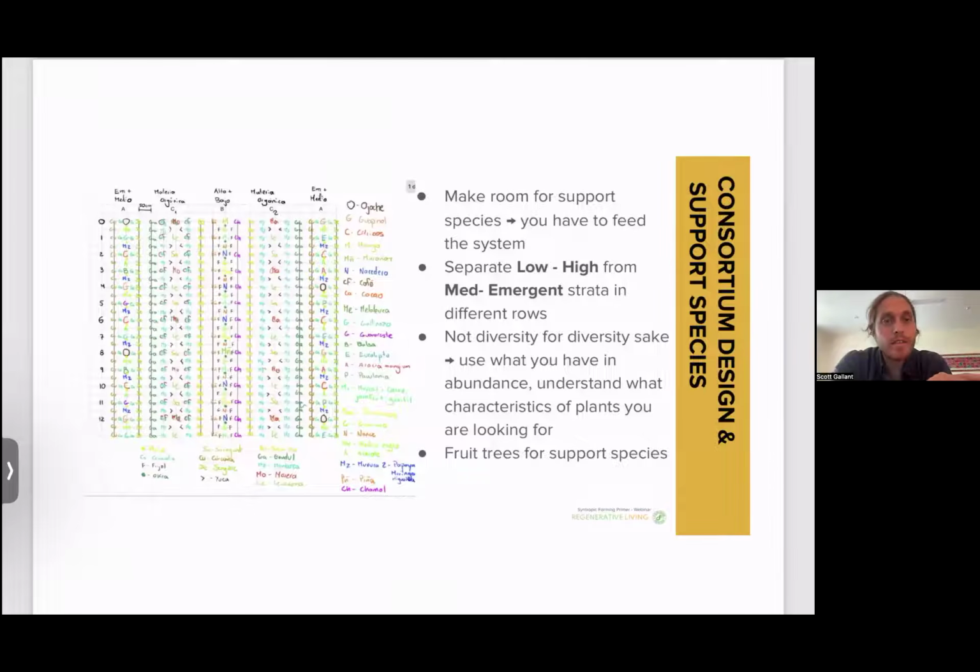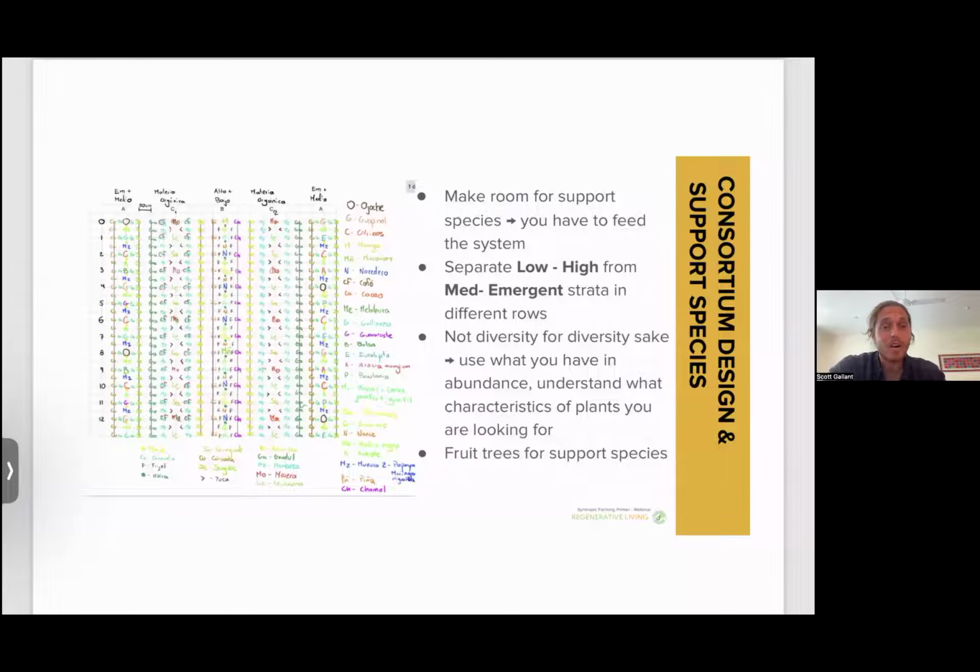So once we've decided these are the things we want to grow, we want to eat these, there's a market for them, we can transform them into, I don't know, a guacamole business. Then we have to fill out the rest of our consortium, that grid that we looked at the beginning. This image on the left was created by Javi on an app called Procreate that we like using for design sometimes.